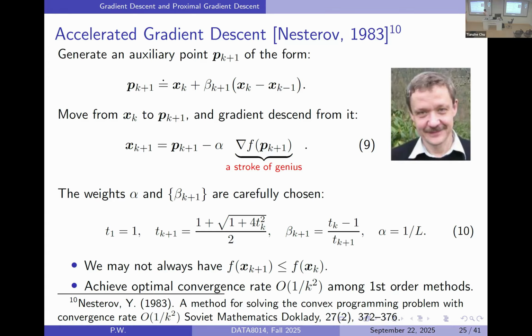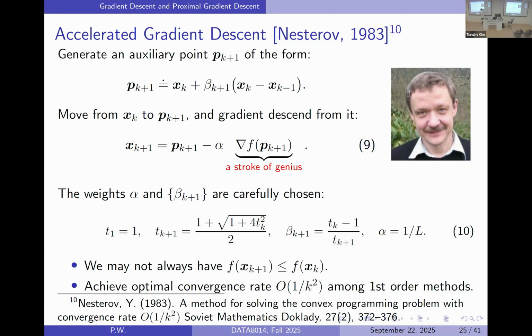Then you need to carefully choose the step size alpha and also this extrapolation parameter. Usually in the optimization community, they call this term the extrapolation or momentum term. This is to control the length of the momentum term, this beta. Okay, and you need to carefully choose it.